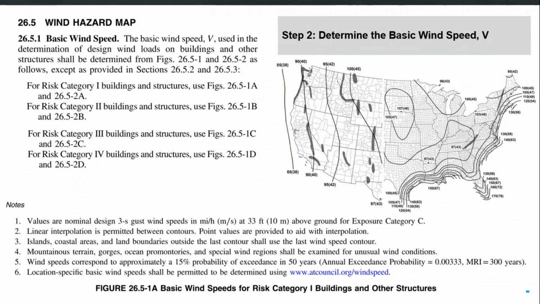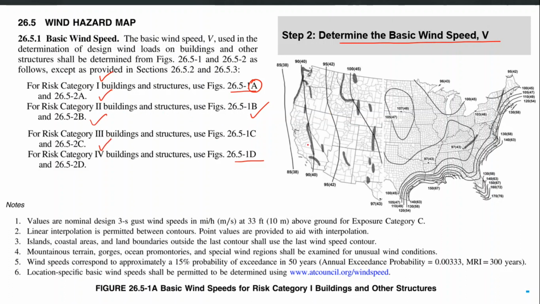So that is step 2 actually, determine the basic wind speed V. For that, for the US, we have these figures starting from 26.5-1A up till D. So we have figure A for risk category 1 buildings, a separate figure to determine the design wind speed for risk category 2 buildings, then separate for 3 and then 4.